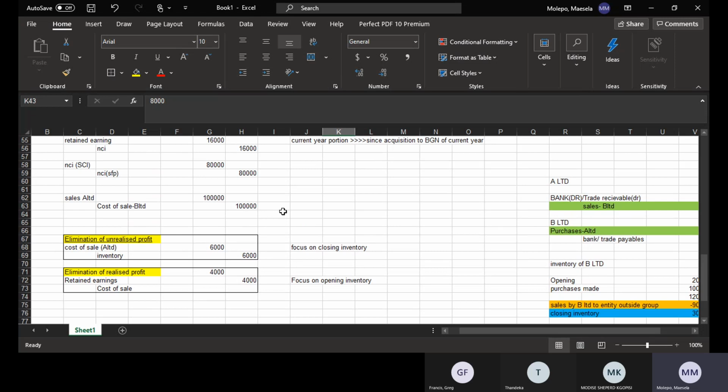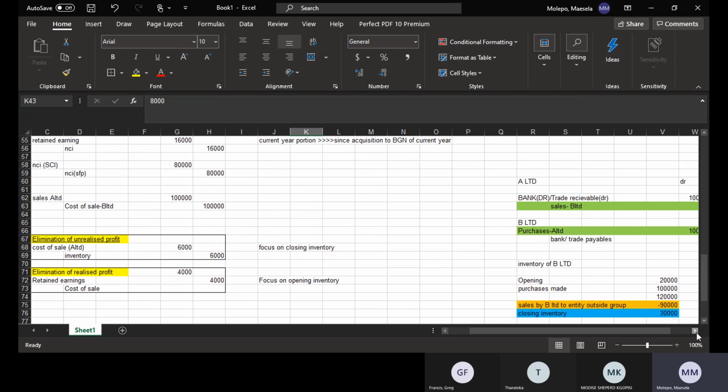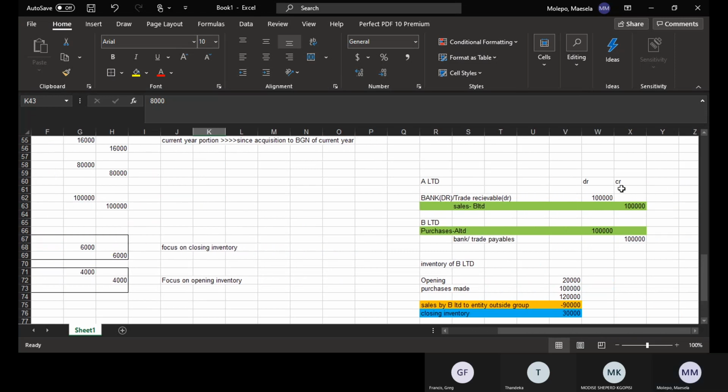The 100,000 comes as a result of the sales made by who? By A Limited to B Limited. So 100,000 represents the sales which we eliminated, and another 100,000 of the purchases. So it's minus the 100,000 of the sales plus the 100,000 of the purchases, so it ends up being zero because it's the elimination.